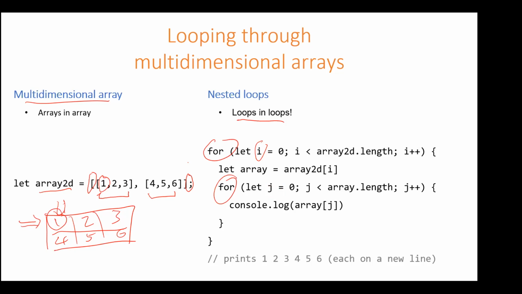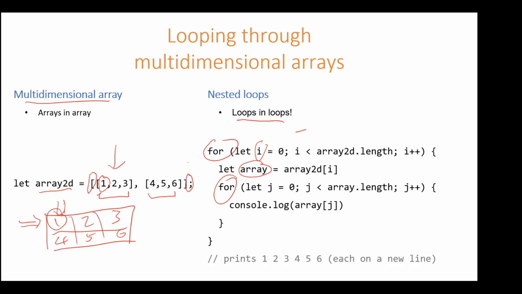So in the outer array, each iteration, I first set up my empty array here. Each iteration in the outer array, I'm letting this array be the first element in the outer array.